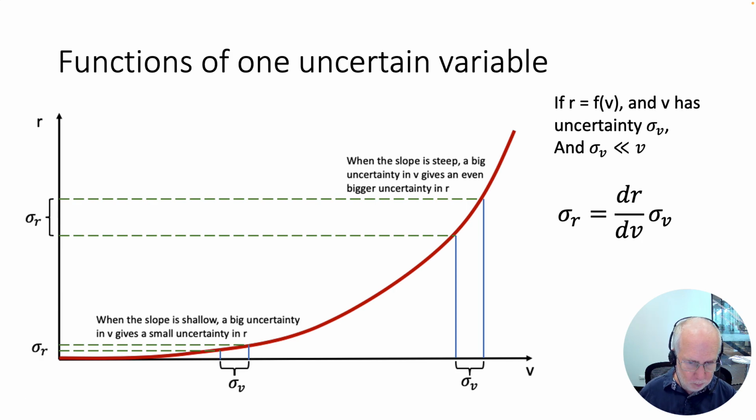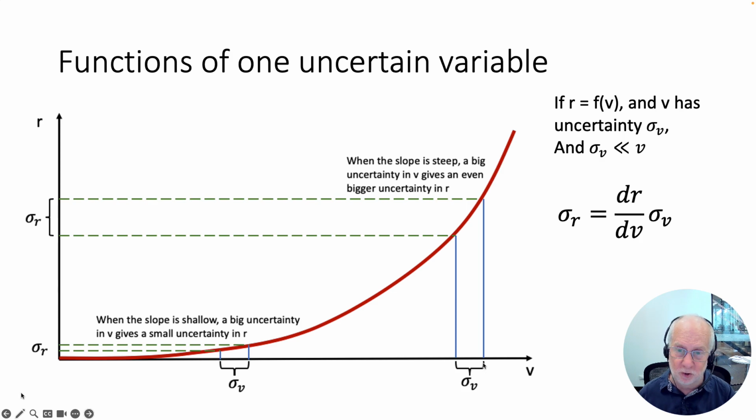What that then means is you go up at the two sides here and across to work out what the uncertainty is in R. And down here, because the red line is fairly flat, has a small gradient, a big uncertainty in V actually leads to a small uncertainty in R. But out here, the same uncertainty in V, because the gradient is steeper up here, leads to a much bigger uncertainty in R.